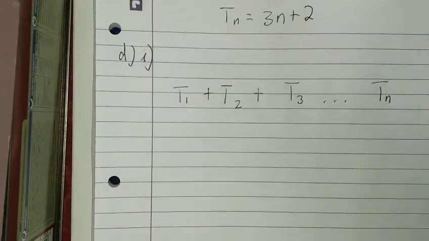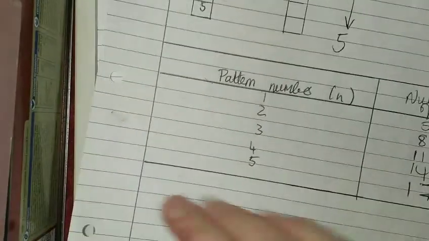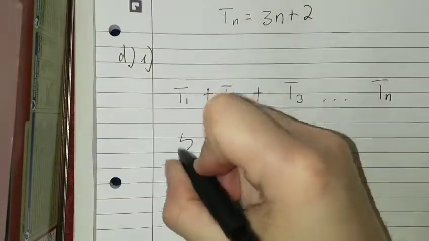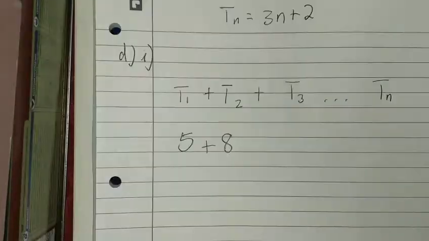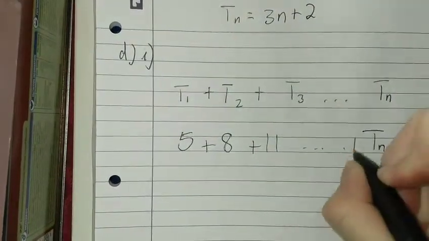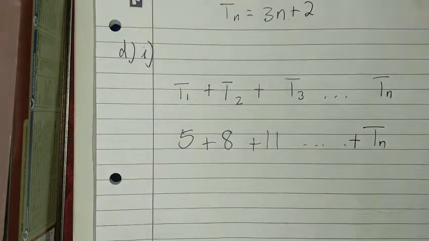So it's adding them all together. If we look back at our pattern, it'll be 5 plus 8, because 5 is the number of tiles in our first one, plus 11, all the way up to a certain value of Tn added together.